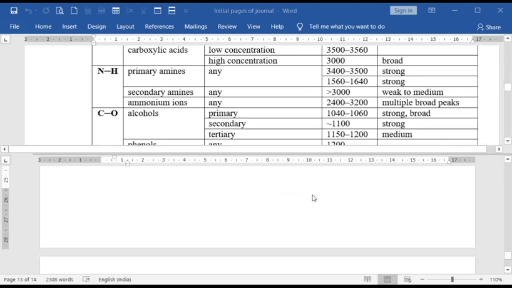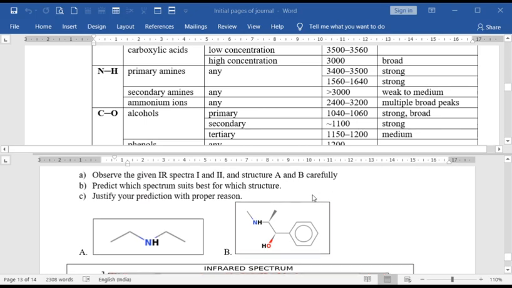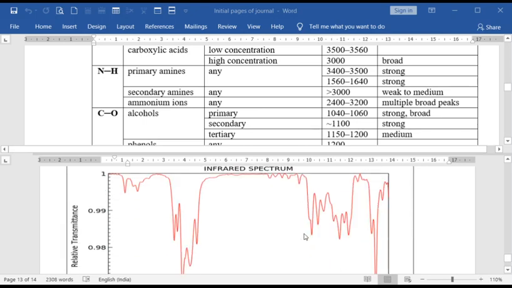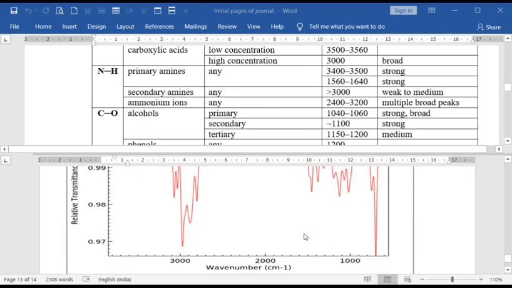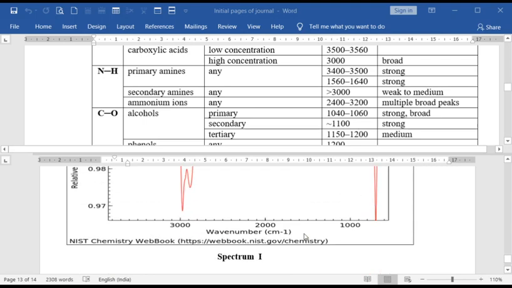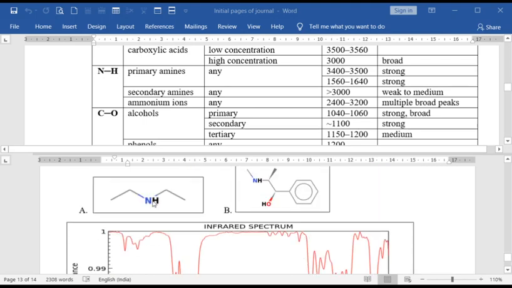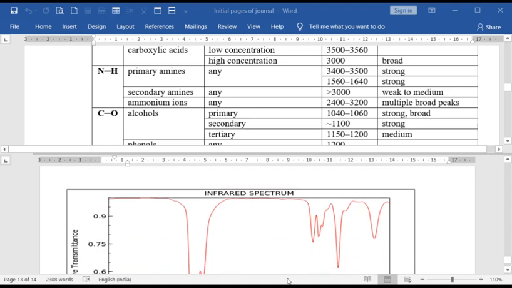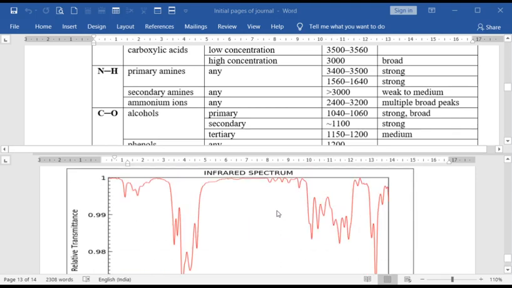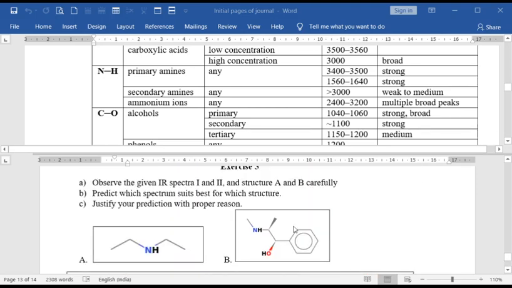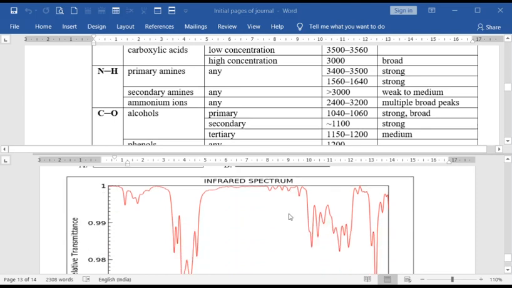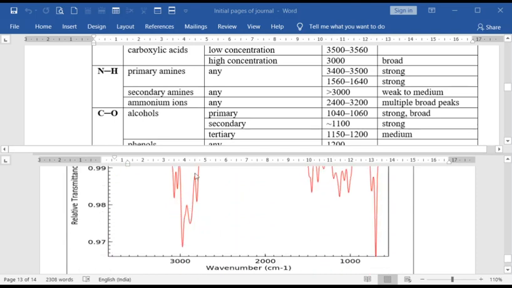As for exercise number 5, it was given that you observe the structures and correlate which spectrum is of which structure. It was very simple: structure A was with spectrum 2 and structure B was with spectrum 1. Why exactly? This is the structure of ephedrine, and it is also an amine.